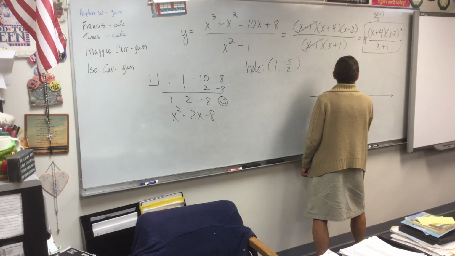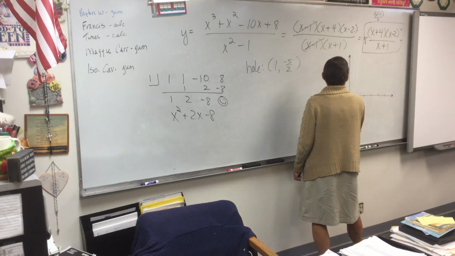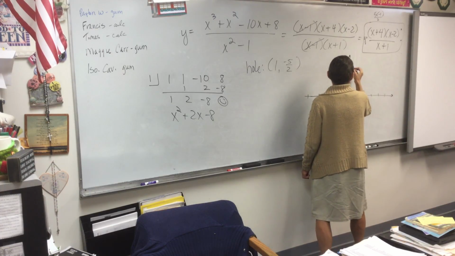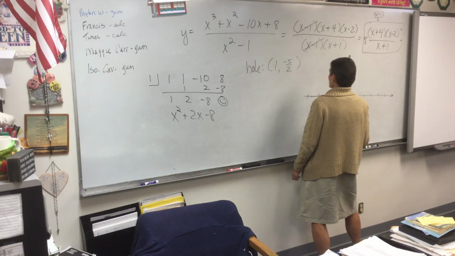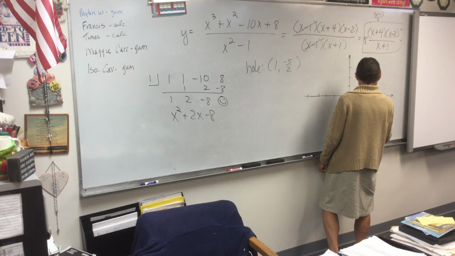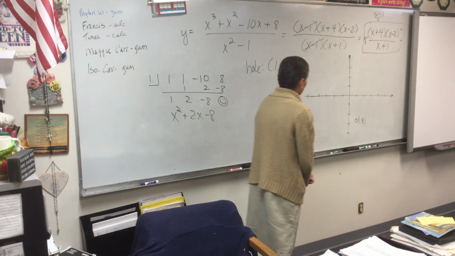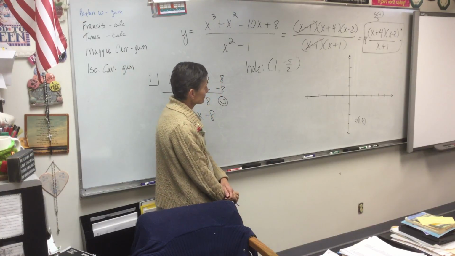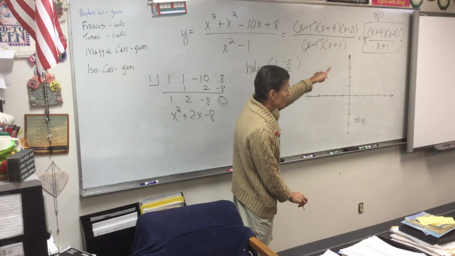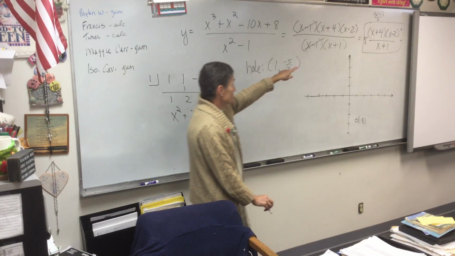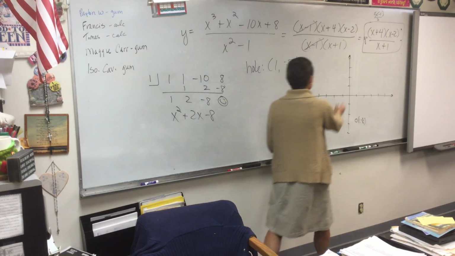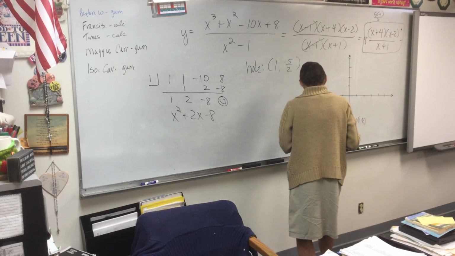All right, so I have a hole at 1 comma negative 5/2. Now remember, that's the problem you're graphing now. So what else do I have from that box right there? I have a vertical asymptote at x equals negative 1.